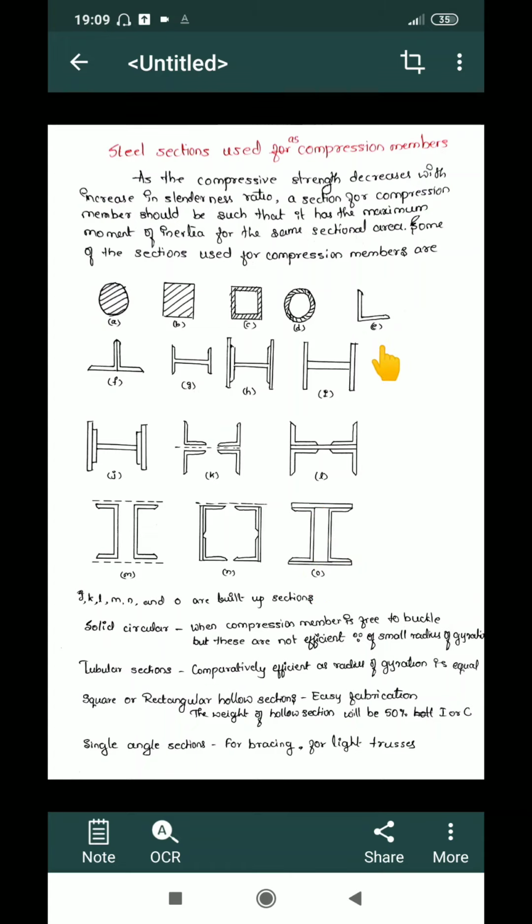So these are all types of sections which can be used as compression members, not exactly as a column, but in general compression members we can use all these types of members.